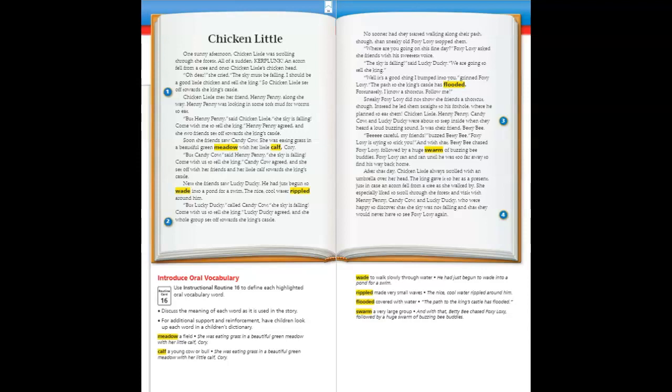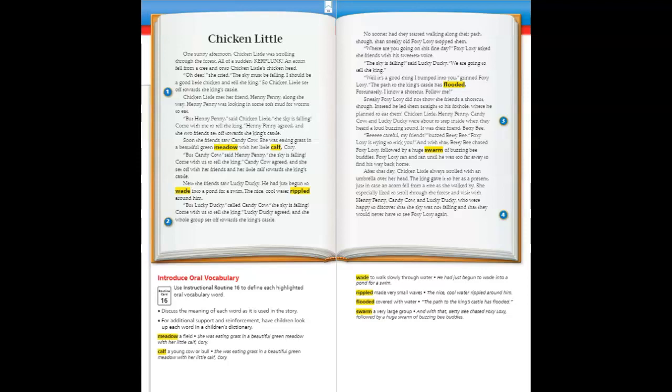"Foxy Loxy is trying to trick you." And with that, Betty Bee chased Foxy Loxy, followed by a huge swarm of buzzing bee buddies. Foxy Loxy ran and ran until he was too far away to find his way back home.